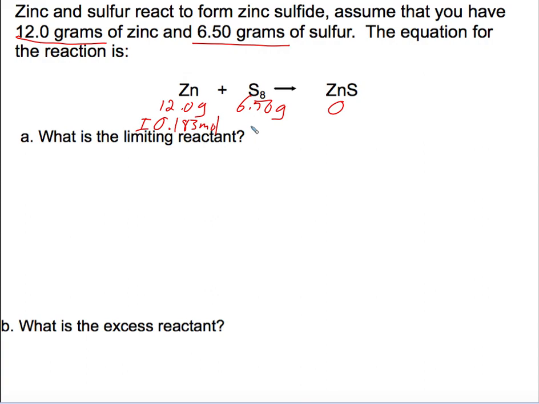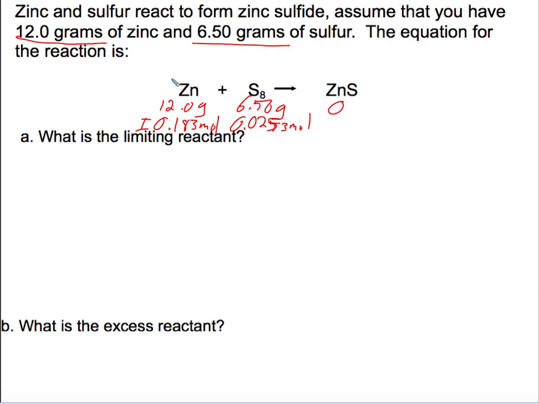If I divide those out, I get 0.0253 moles of sulfur. And then my zinc sulfide.